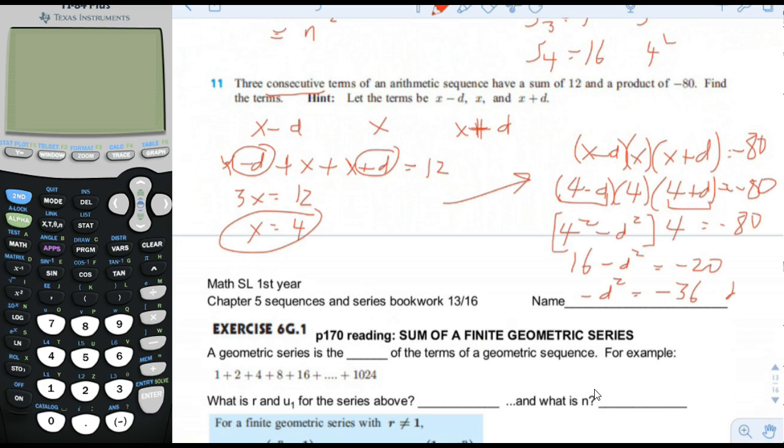So that means that d is either going to be equal to plus or minus 6. And basically it doesn't matter because sometimes we're subtracting 6, sometimes we're adding 6, so it doesn't matter if it's plus or minus 6. So the terms are going to be, the middle term is going to be 4. The previous term is going to be 4 minus 6, which is negative 2. And then the following term is going to be 10. Okay, so it's going to be negative 2, 4, and 10.